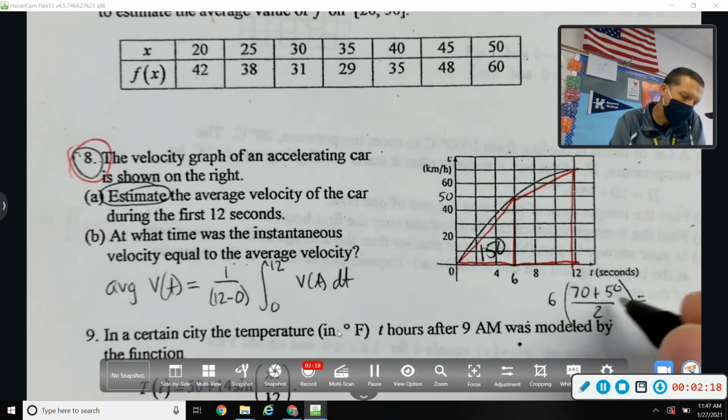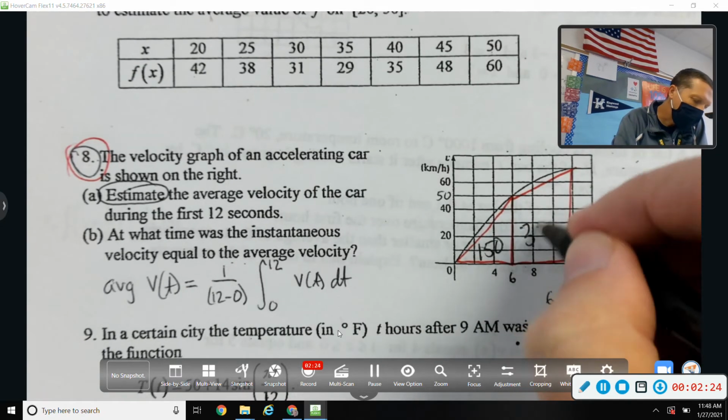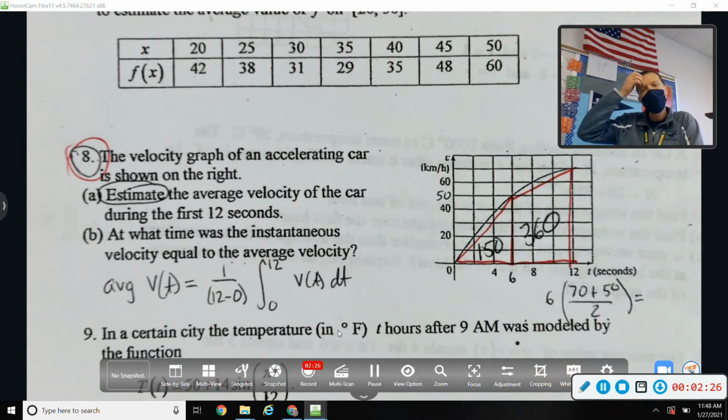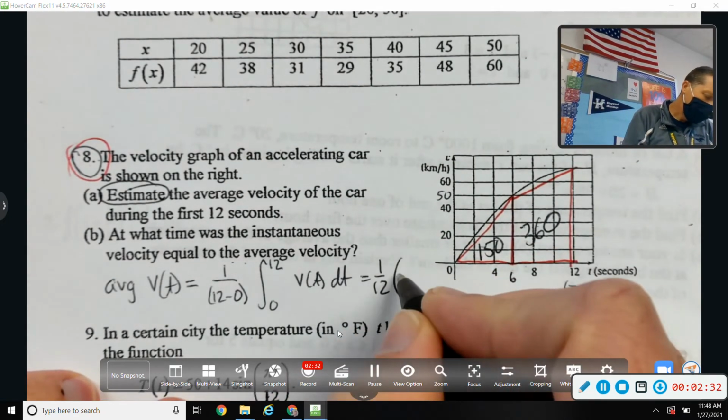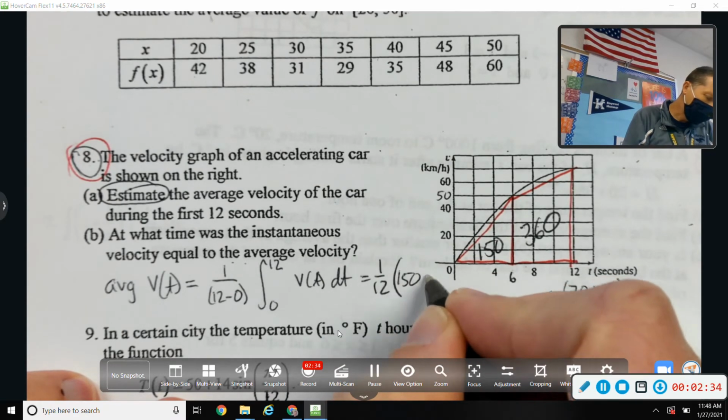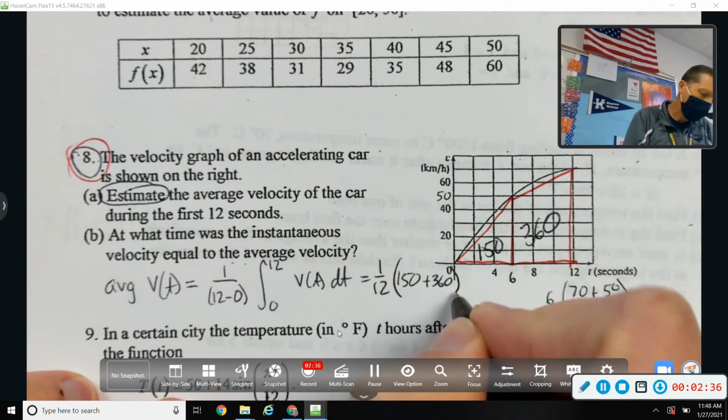So what is that? That's 60 as an average height. Times 6 is 360. So the average value is 1/12 times 150 plus 360.